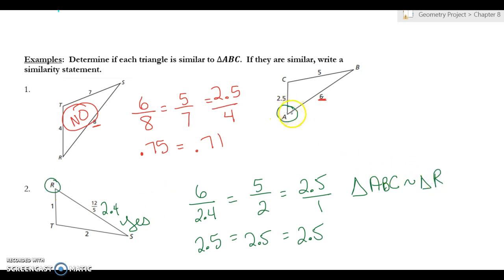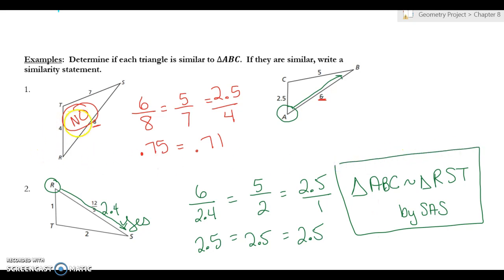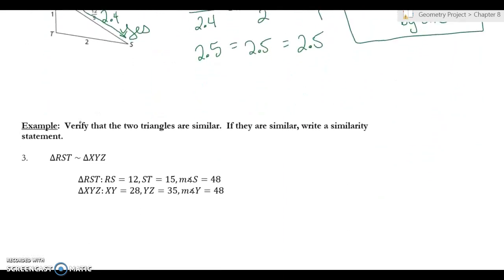And then I went across the longest side to get to B. So I need to go across the longest side, and I get to S. And then that leaves T. So triangle ABC is similar to triangle RST by side, side, side. And so that's what you would write when they're similar. If they're not similar, it's nice. You just have to write no. All right, let's go to the next one.